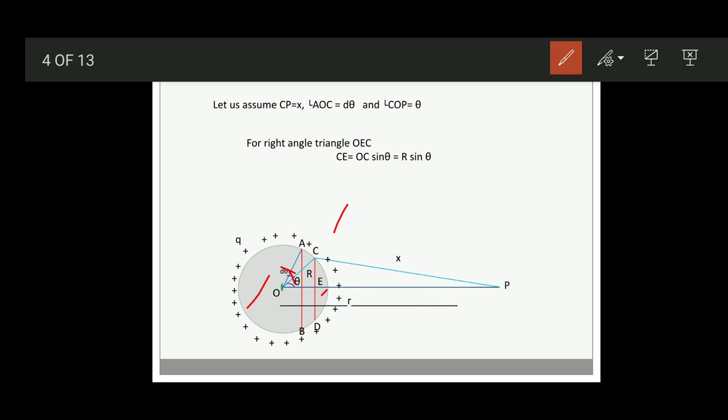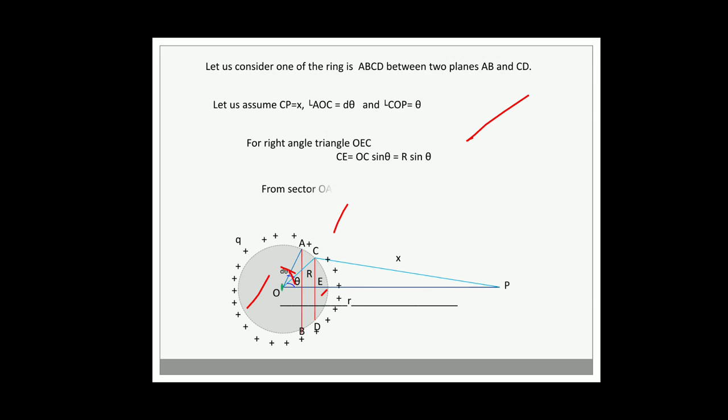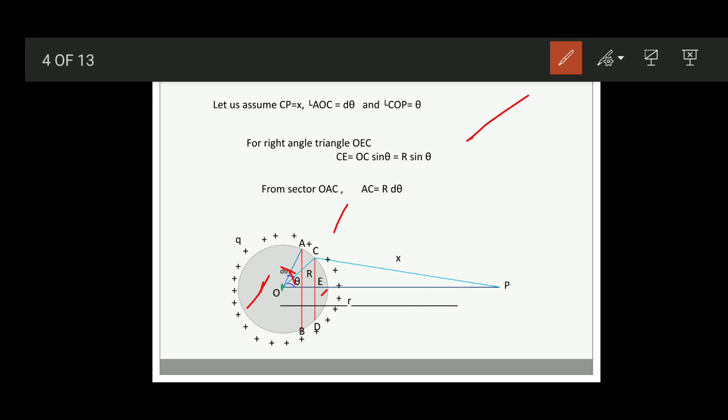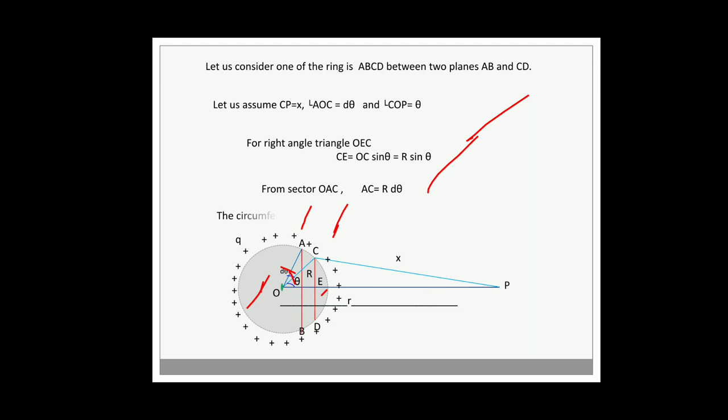From this, CE is equal to OC sine theta, that is R sine theta, because OC is equal to the radius of the spherical shell, R. And from the sector OAC, we know arc AC is equal to radius into angle d theta. From this, AC is equal to R d theta.